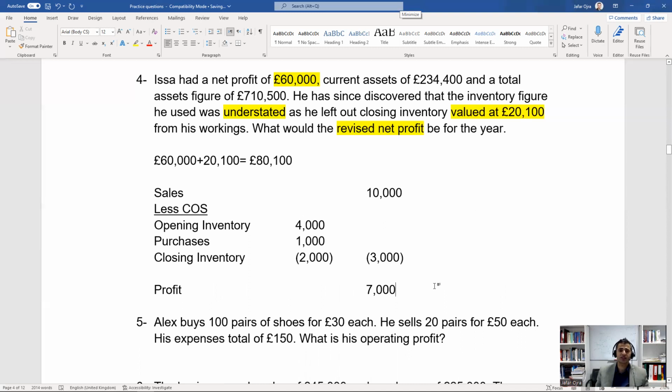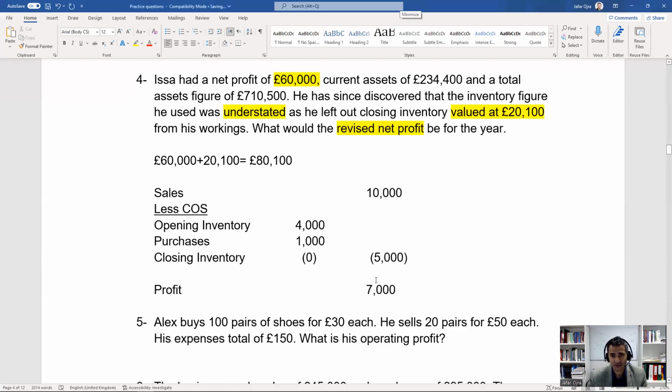So that's a normal, typical way of calculating the profit. There are no issues about it at all. Now, what the question tells you is that you missed out the closing inventory. Instead of 2,000, you had 0. So the cost of sales would be 4 plus 1, 5,000 minus 0, equals 5,000.